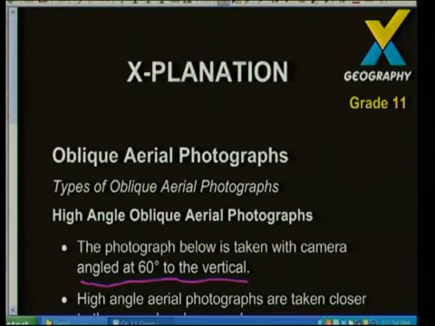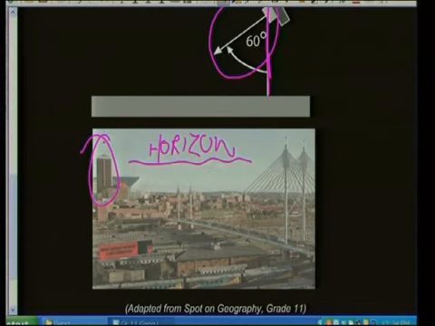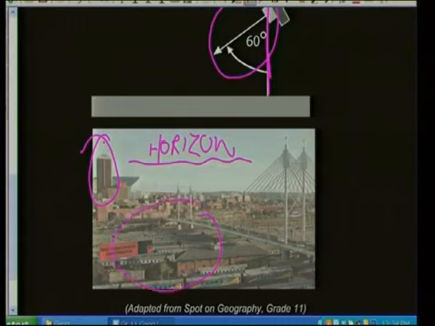What do I mean by that? Because features nearby will actually look bigger, and features a little further away will look smaller. So applying scale to the photograph won't work that well. Okay, let's go down further.